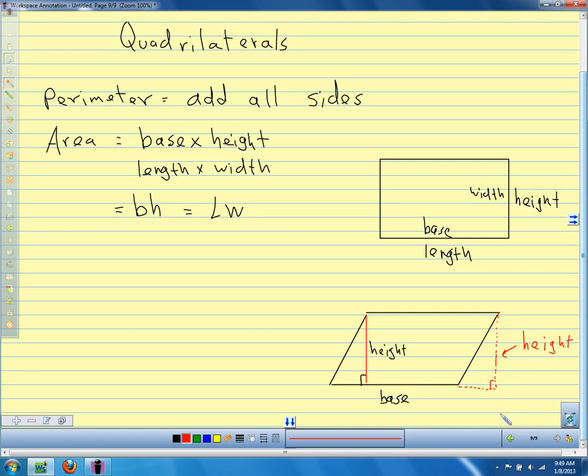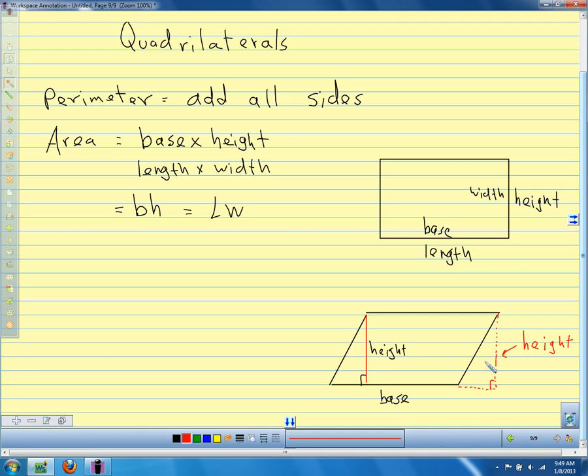But it's the same formula, length times width, base times height, same idea. And the formula works out that way because with a parallelogram I can always cut this triangle off the side here, move it over to this side, and I turn the parallelogram into a rectangle. So it's the same formula.